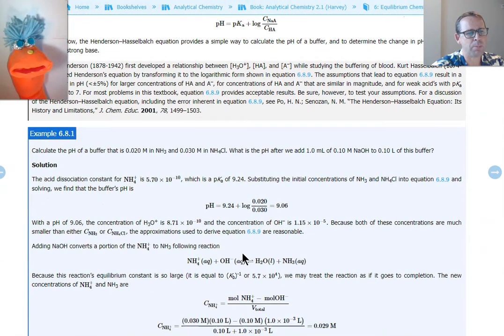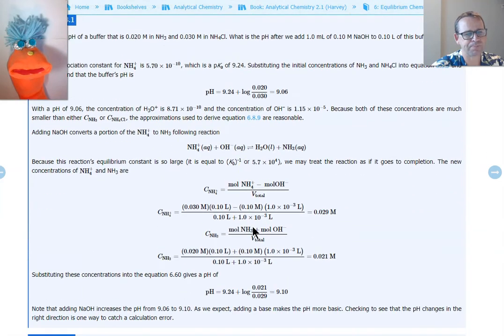So then our pH is 9.06, and the concentration of H3O plus ion, 10 to the negative 9.06, is 8.71 times 10 to the minus 10th. Concentration of hydroxide ion, 1.15 times 10 to the minus 5. And that is where we're going to stop.